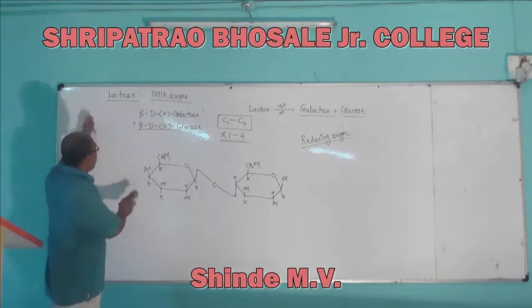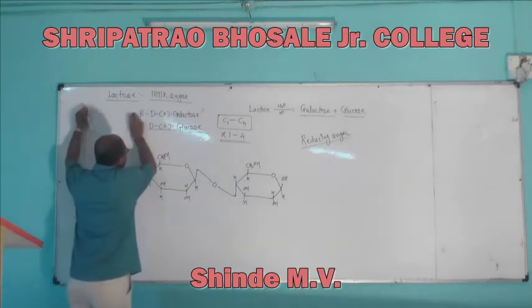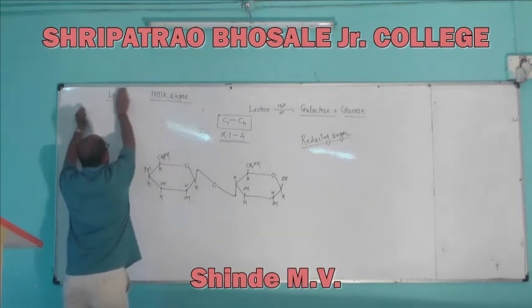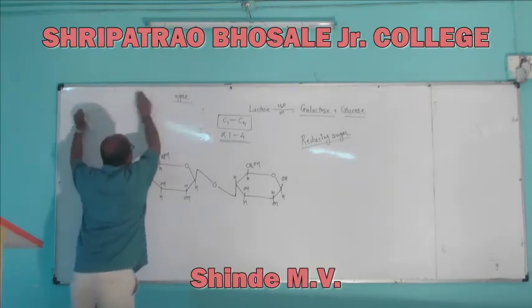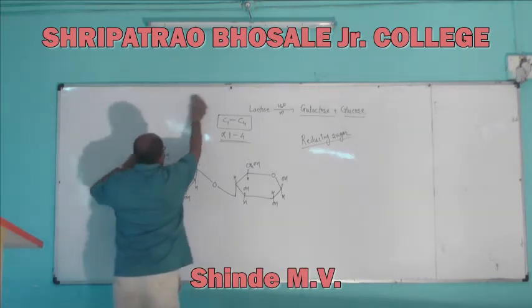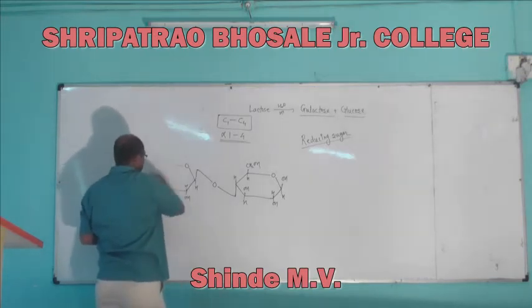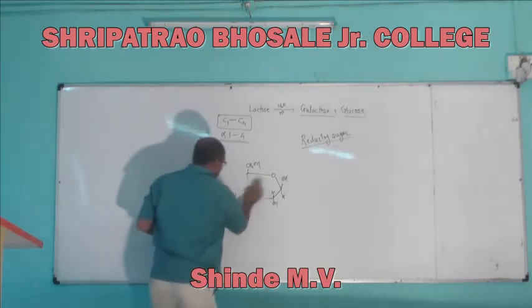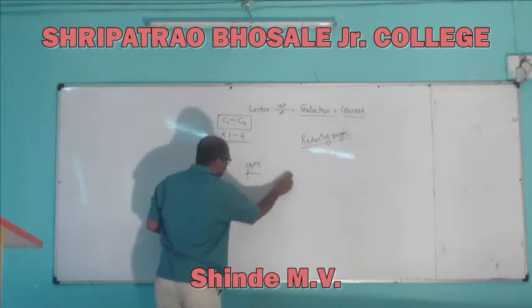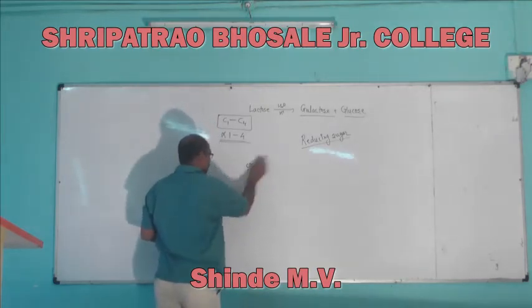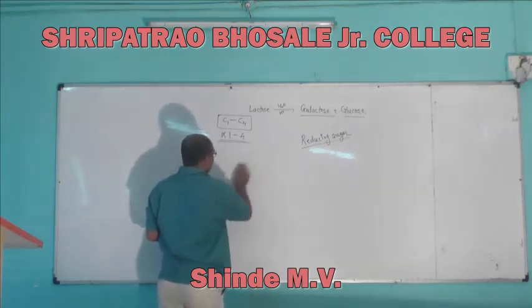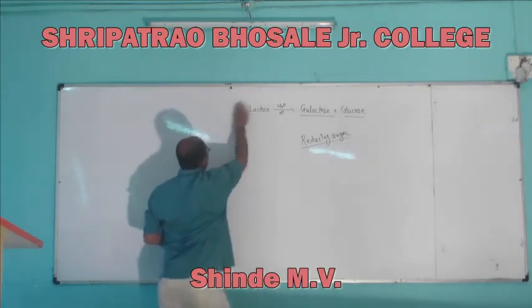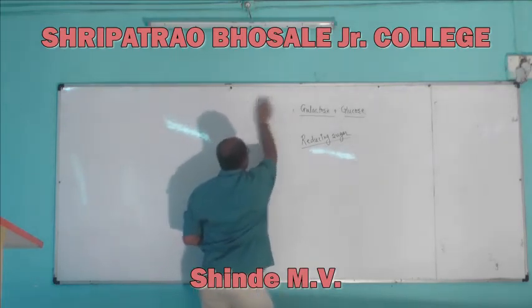Now, the next term is the polysaccharides. In the polysaccharides, we study starch, cellulose, as well as glycogen. Polysaccharides are those which have a large number of monosaccharide units combined with each other by glycosidic linkages.